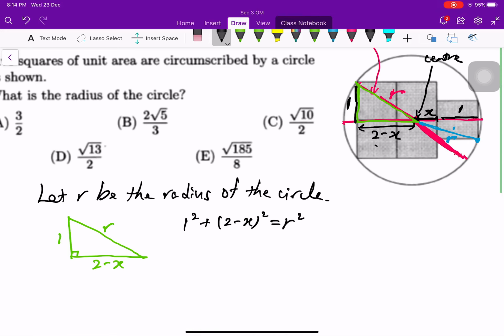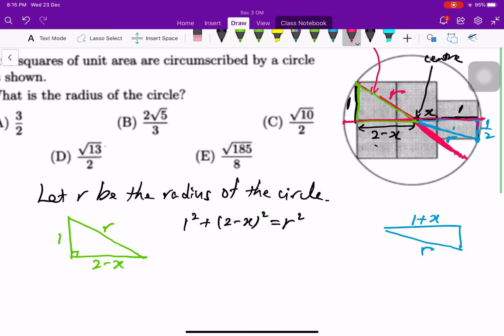Now I want you to look at this triangle. When I look at this triangle, it will be like this, right? This is R, and this is 1 plus x, and what is this length here? This length is exactly half, because remember, I just extended when I drew this.